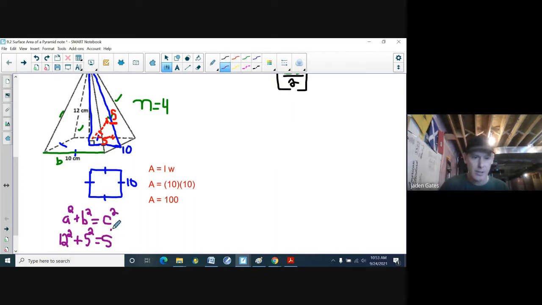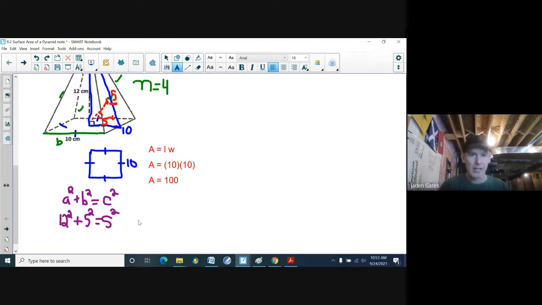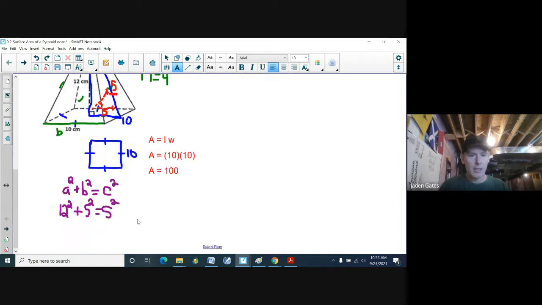So that's S. It's hard for me to write 5s and S's. They don't look that much different, do they? All right, now to solve for my slant height. That's all I need, and I'm done. So 12 squared, that's 12 times 12, and I'm getting 144. Plus my 5 squared, so 5 times 5 is 25.